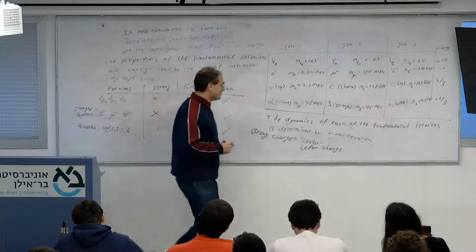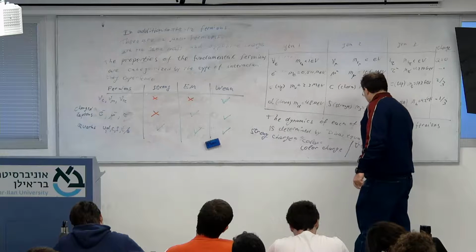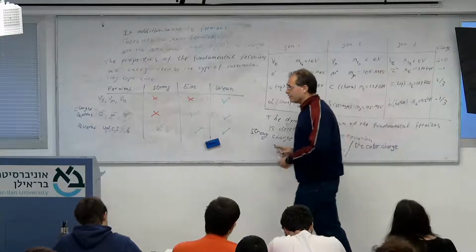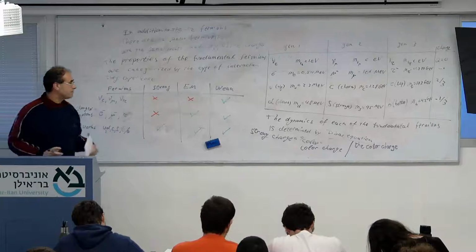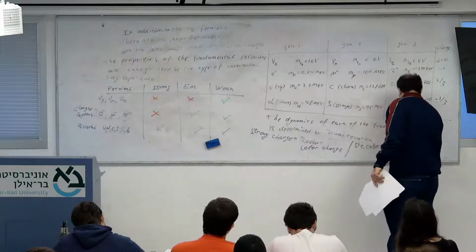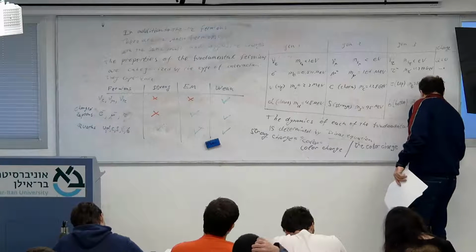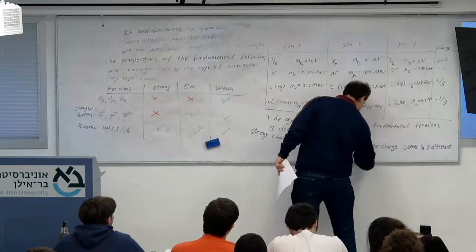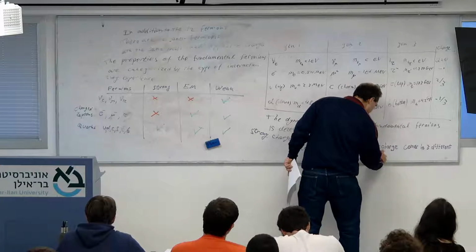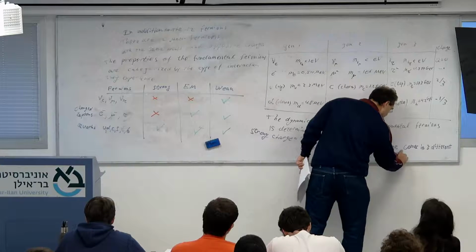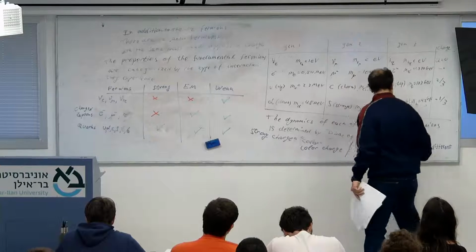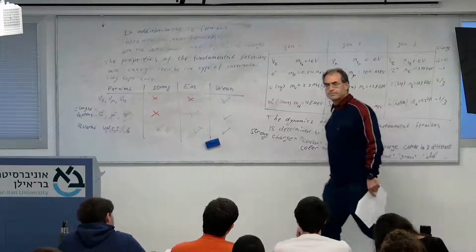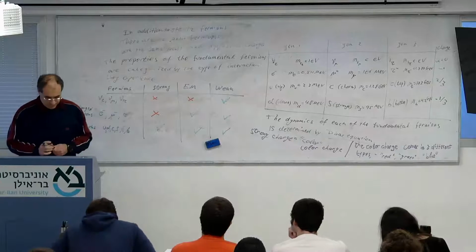So the color charge comes in 3 different types, known as RGB: red, green, and blue.